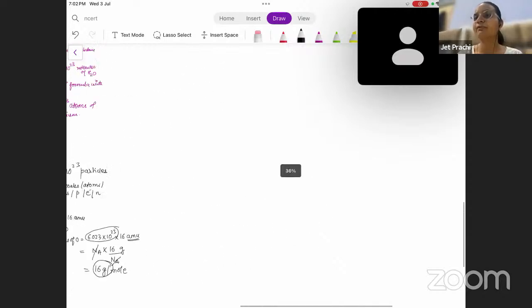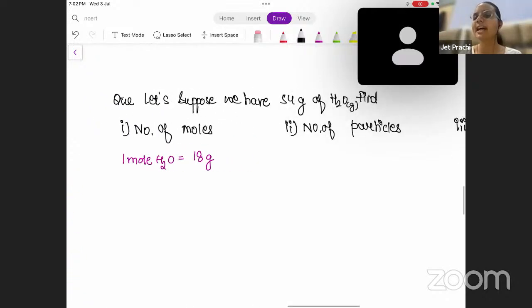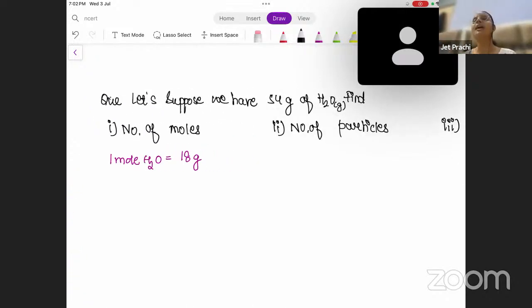So from there, what it is asking me is the number of moles for 54 grams of water, right? You just have to simply use the unitary method that you do in maths, and then we will make a general formula for it.